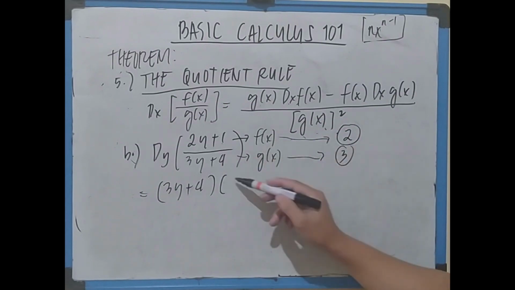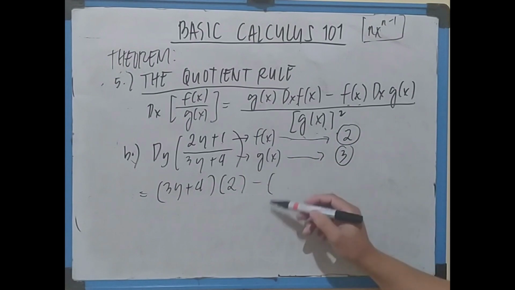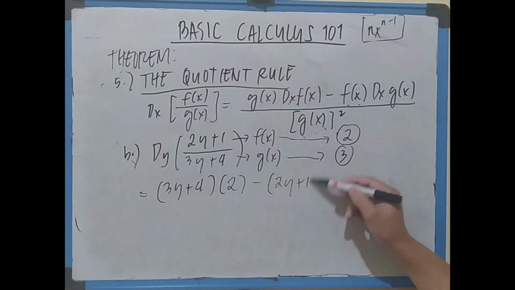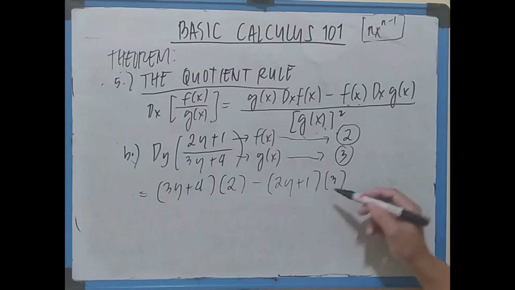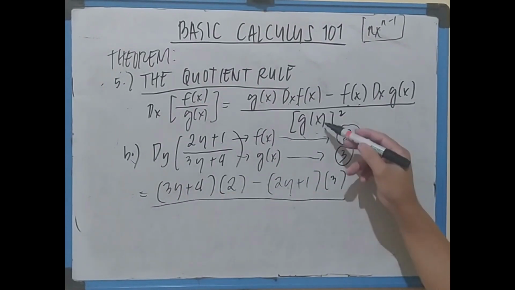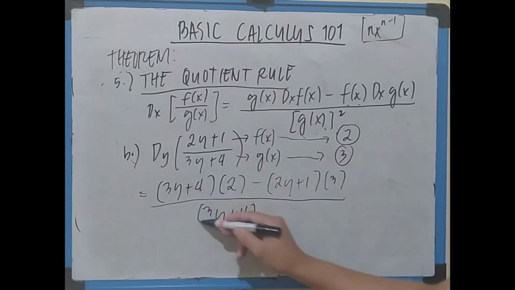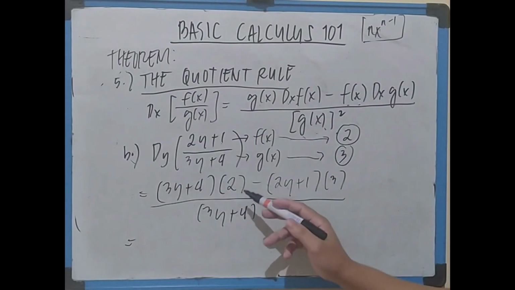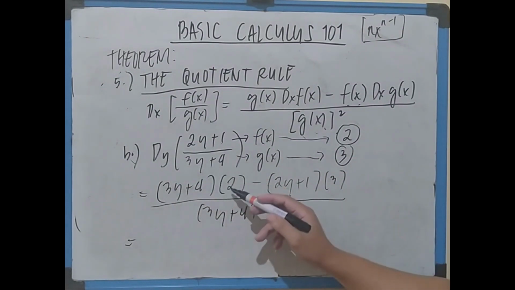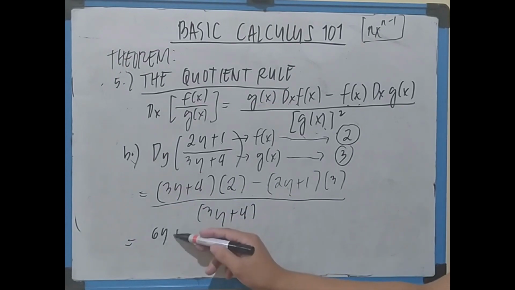Ito yon, kaya magiging 2. Then, minus, we have f of x is here, so 2y plus 1. And the derivative of g of x is here, so we have times 3. And that is all over g of x, kaya magiging 3y plus 4. Okay? Simplify natin siya by means of distributive lang gagamitin natin. We have 2 times 3y is 6y plus 4 times 2 is 8.